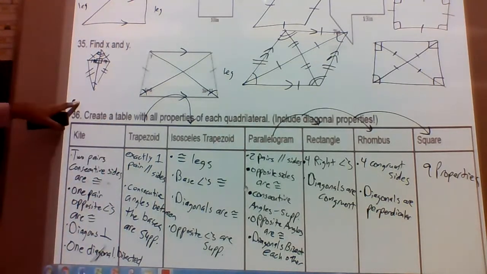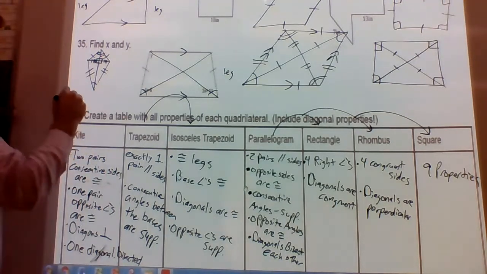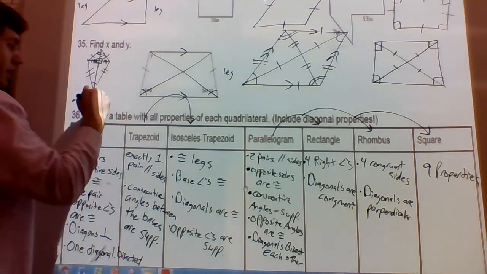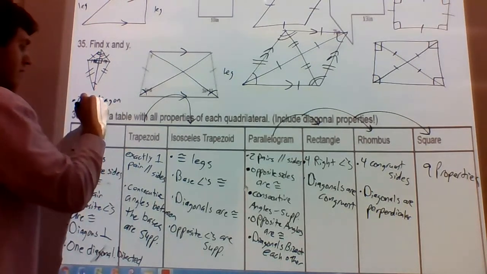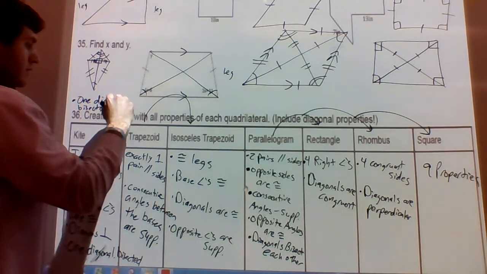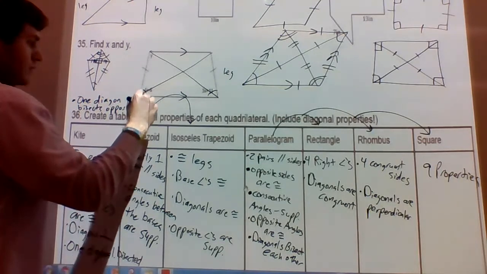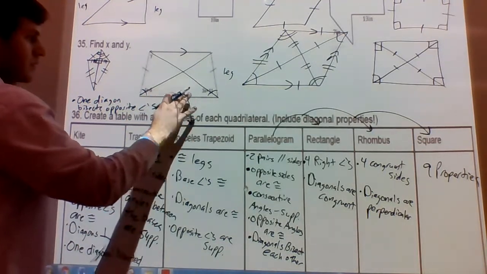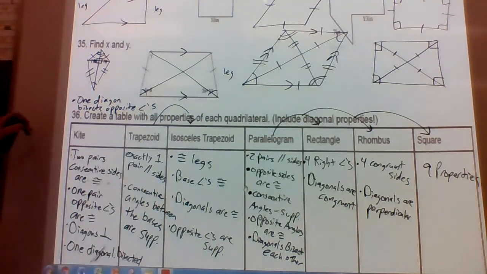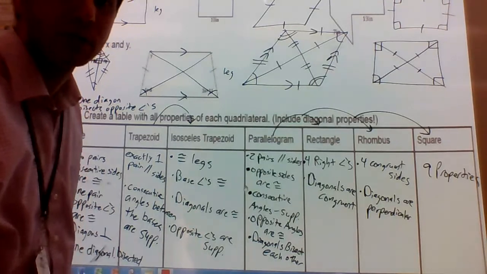So one diagonal bisects opposite angles. If you can't read it, you can just hear my words.